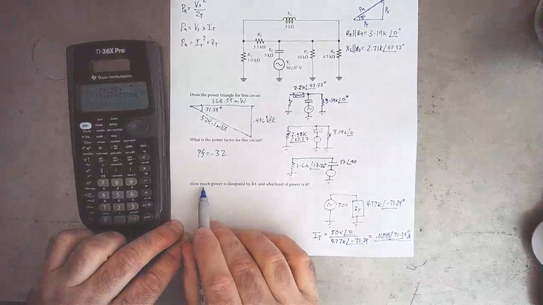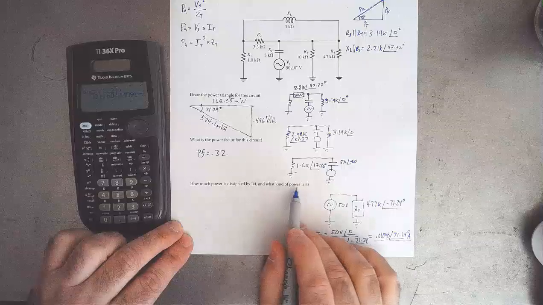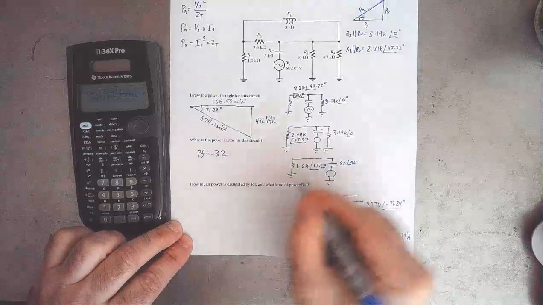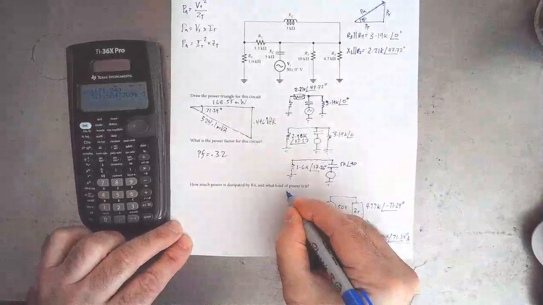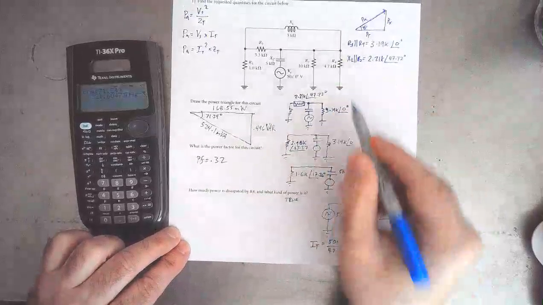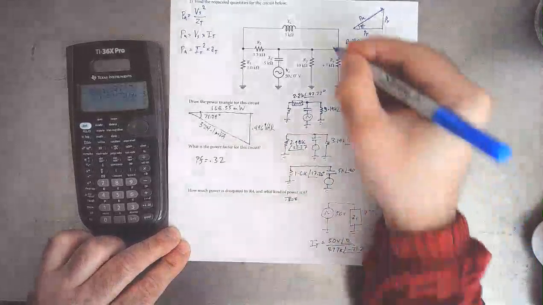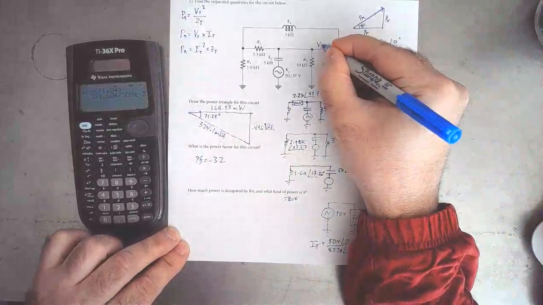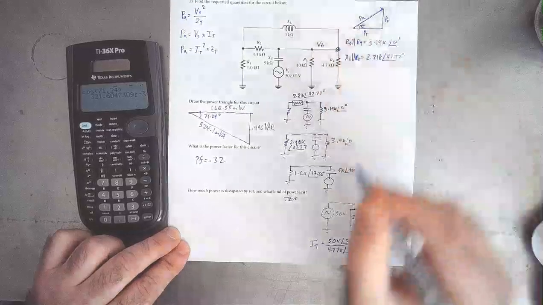Finally, we're asked how much power is dissipated by R4? What kind of power is it? Well, it's a resistor, so it's going to be true power. But let's see how much power is dissipated there. Well, in order for me to know that, I need to know what is the voltage right here.